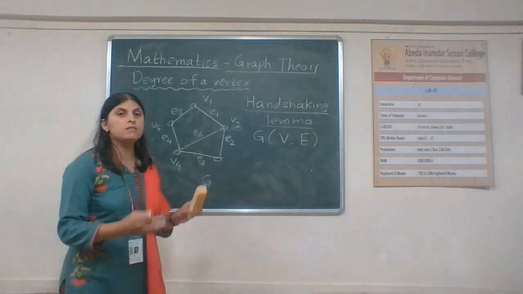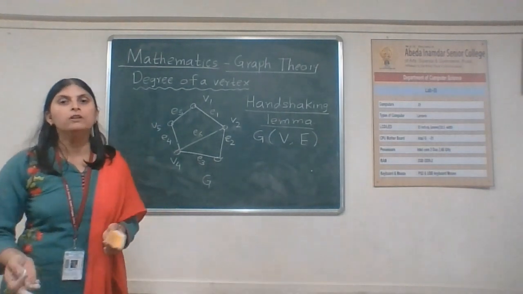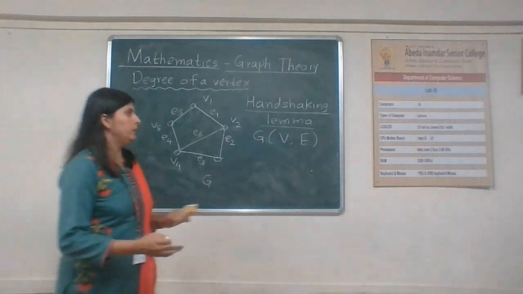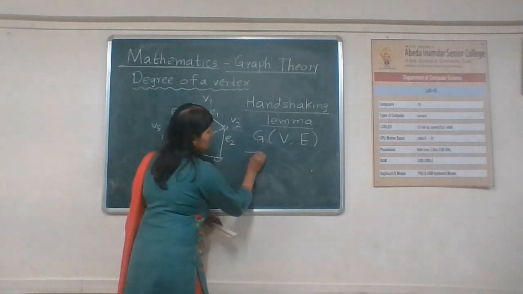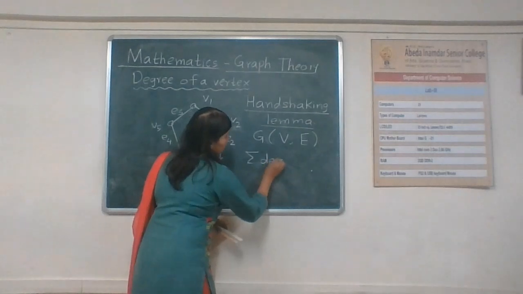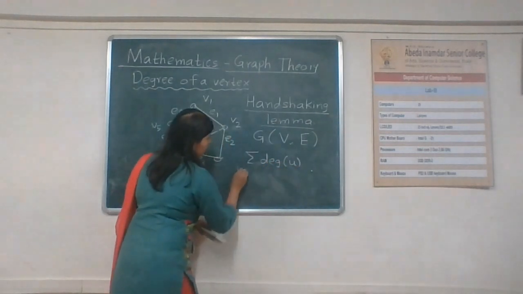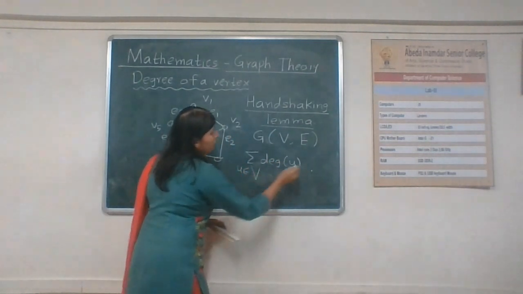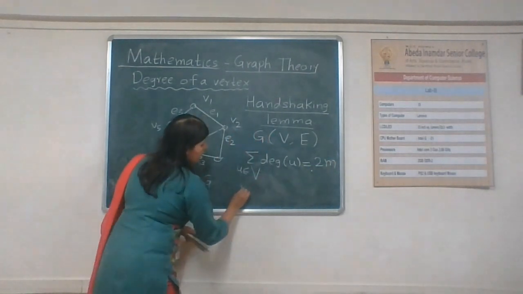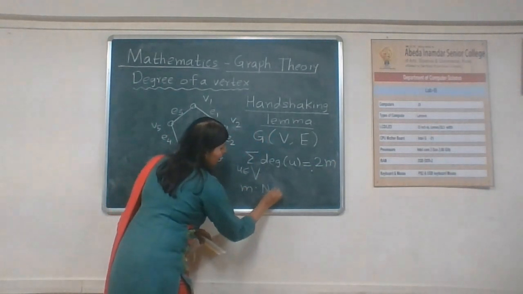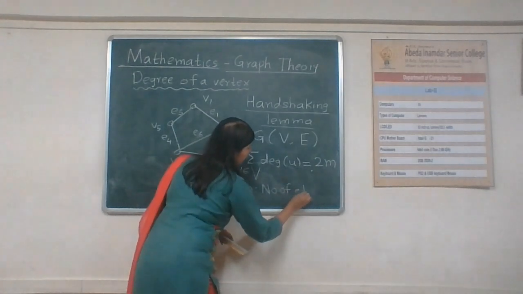Now the graph may be simple or it may be non-simple also. But in any undirected graph G = (V, E), summation degree of u belonging to V is always equal to 2 times m, where m denotes the number of edges in that graph.